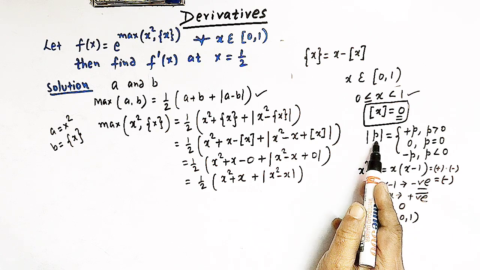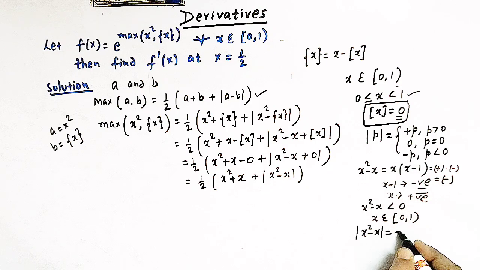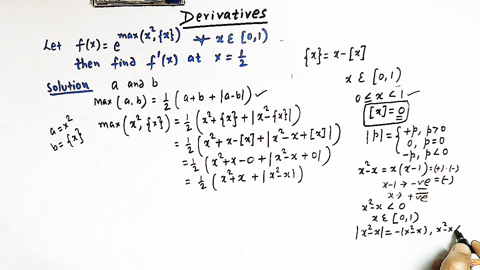Using this definition of the mod function, we can now write mod of x square minus x is equal to the negative of x square minus x whenever x square minus x is less than 0, right?